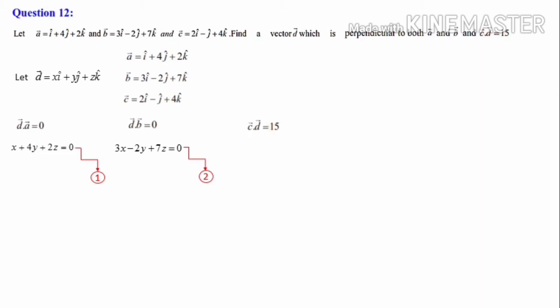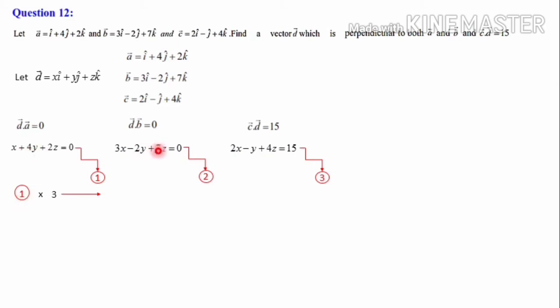Here, 2 into x, 2x, minus 1 into y, that is minus y, 4 into z, that is 4z. So 2x minus y plus 4z is equal to 15. That we have formed as an equation. Label it as equation number 3. We have 3 equations and 3 variables x, y and z. So we have to find out x, y and z. Equation number 1 into 3.